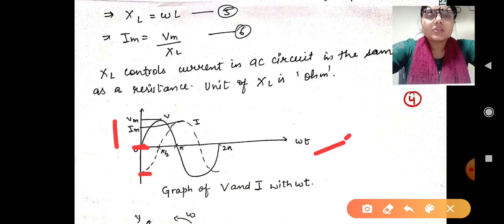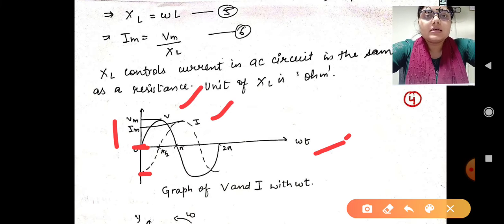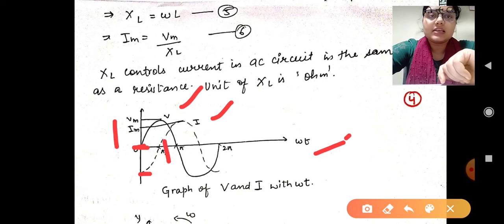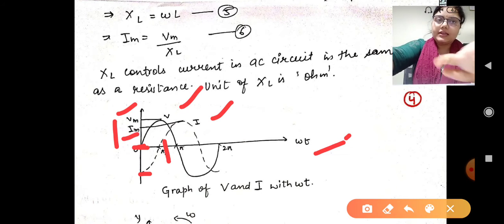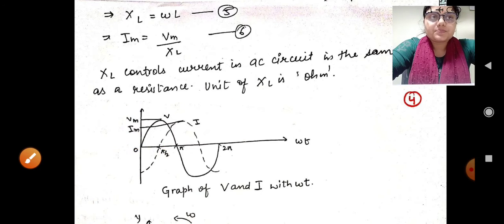Here the V and the I start from 0, it is starting from the minus form, and up to here when it covers the first quadrant, it has covered pi by 2. This is its peak value, this is its peak value. It has been like this.